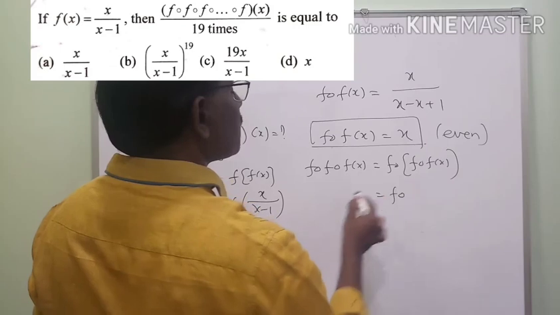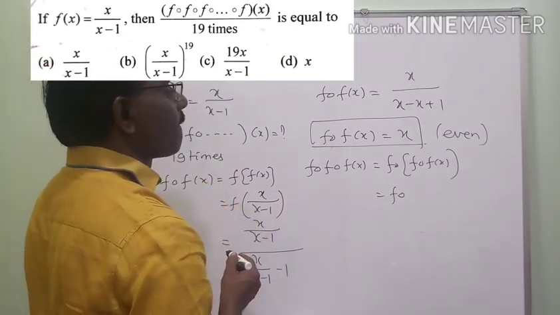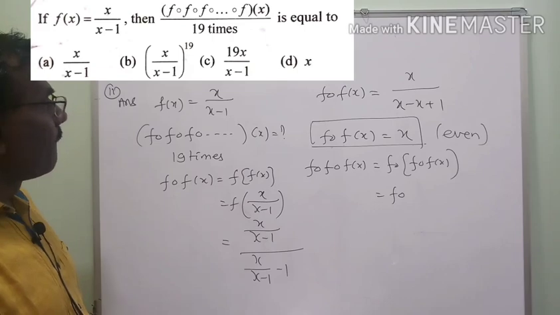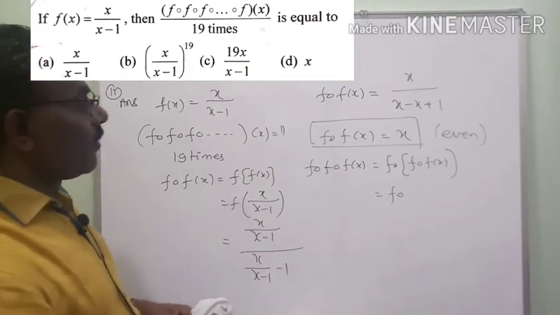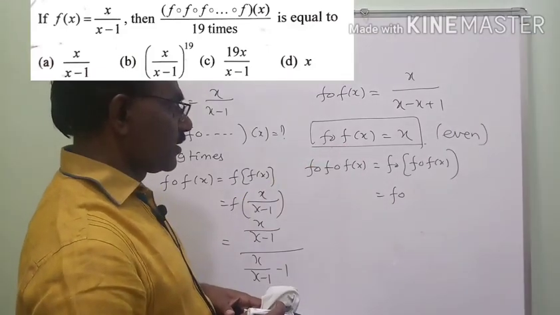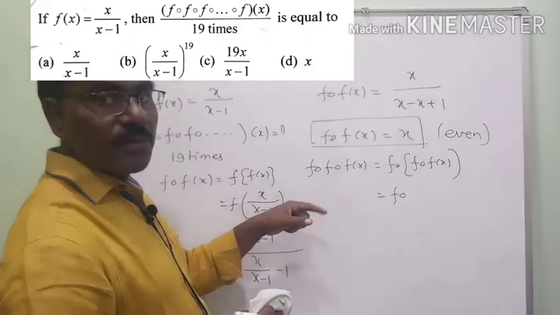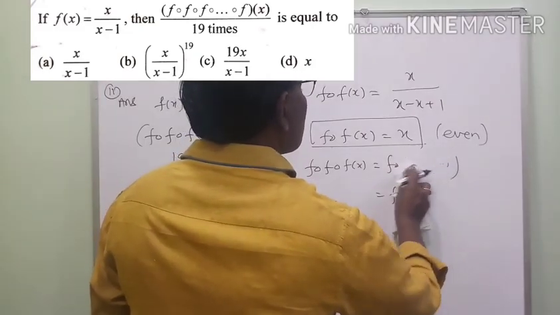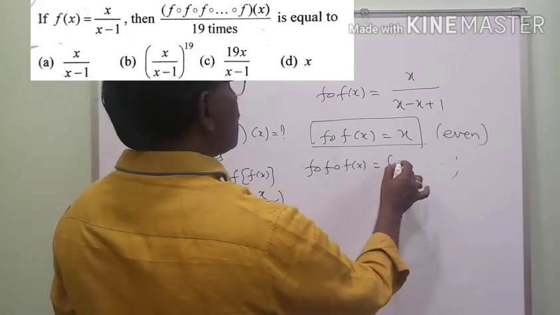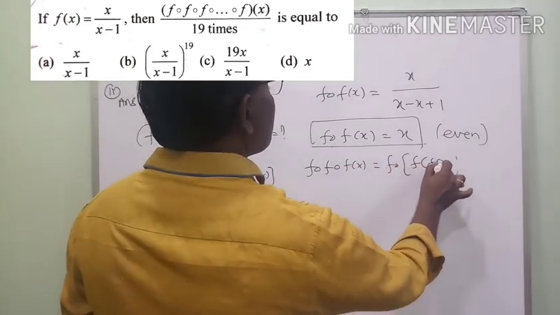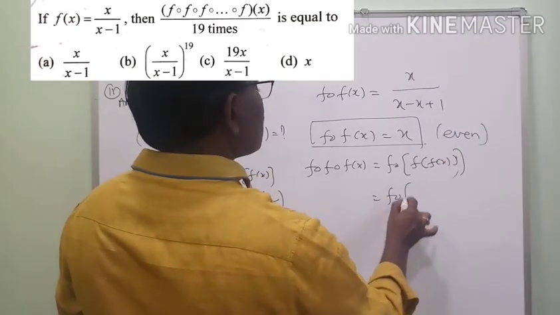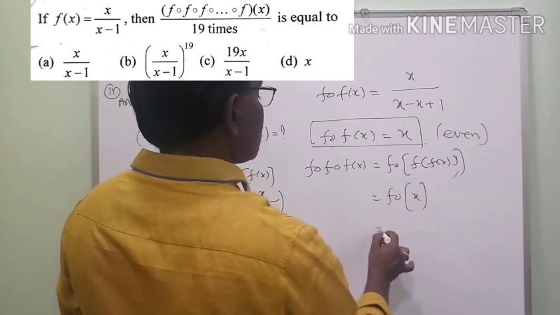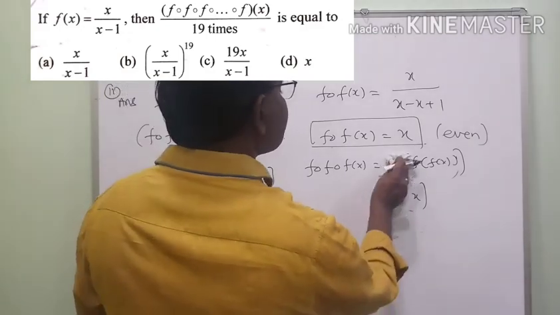So what is f composition f of x? It is x. Now I am using it 3 times, an odd number: 1, 2, 3. Better to take directly: f composition f of x is x only.